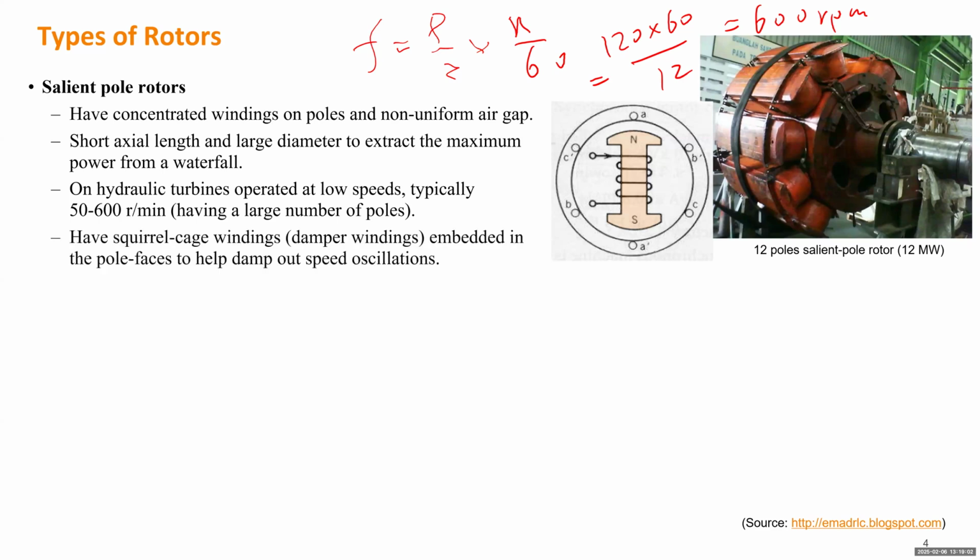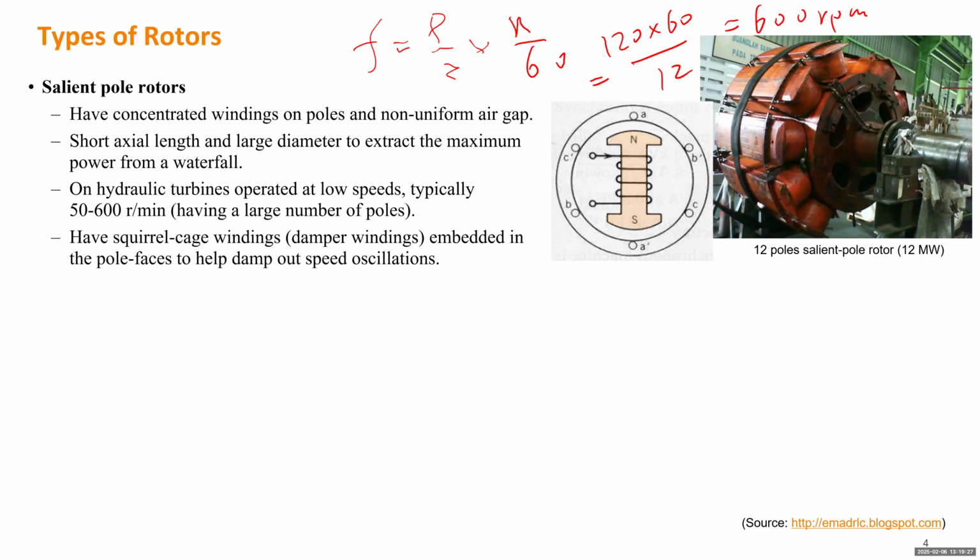Inside each pole, it may have a squirrel cage winding, or a number of squirrel cage windings. Such windings are called damper windings. Those damper windings are not connected to any external circuit. They're just made of a highly resistive material. If there's a disturbance, the rotor will be oscillating.